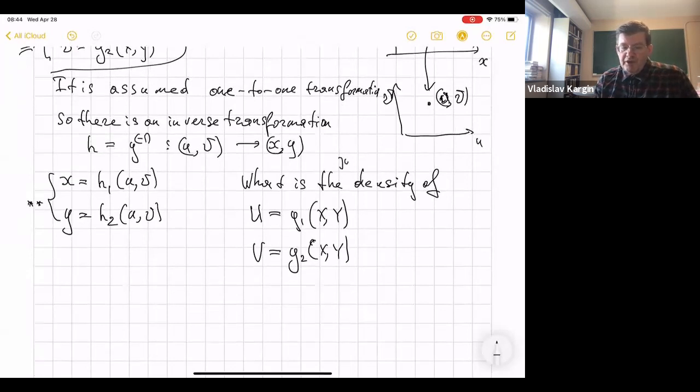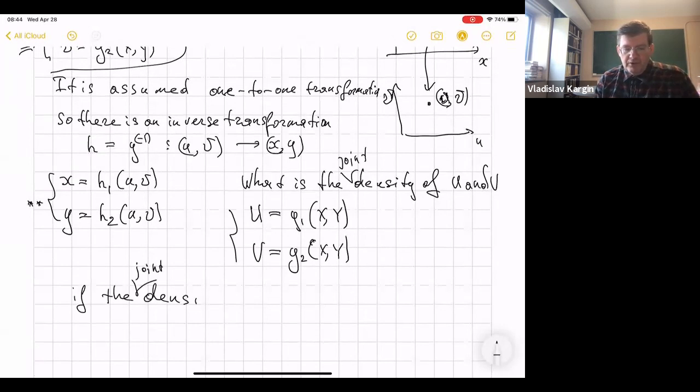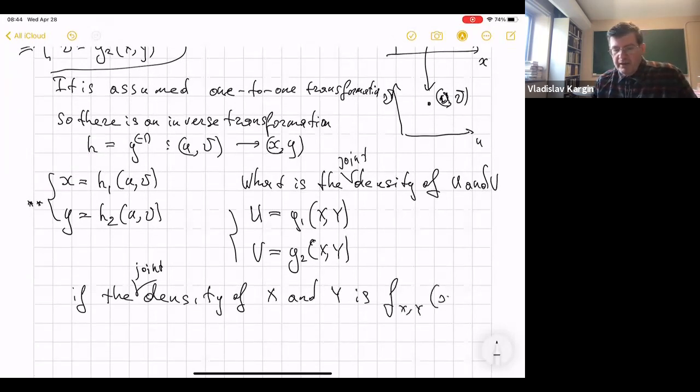So the joint density of u and v, if again the joint density of x and y is f of x, y.